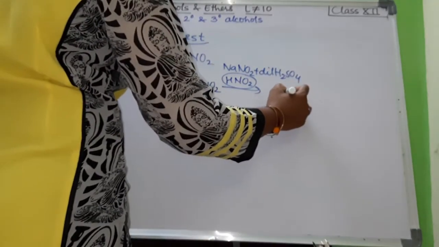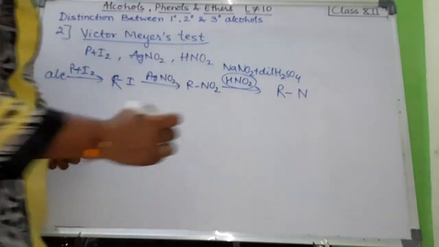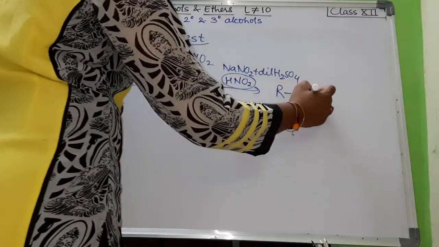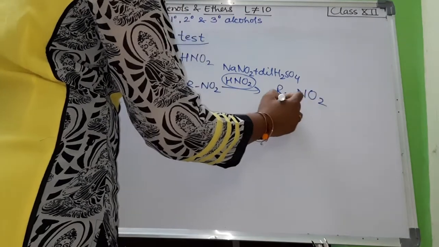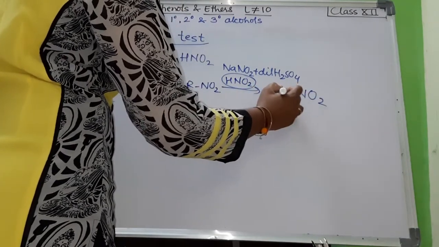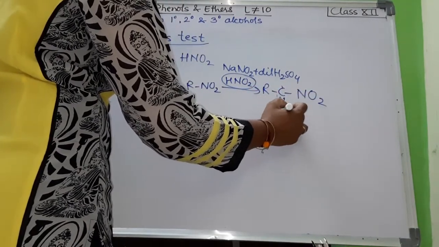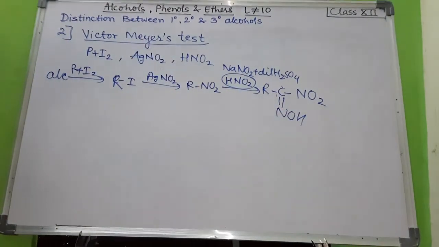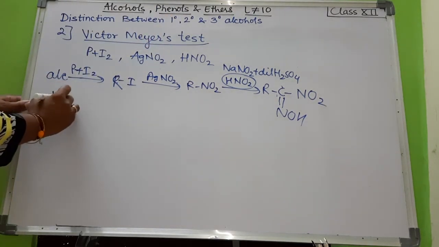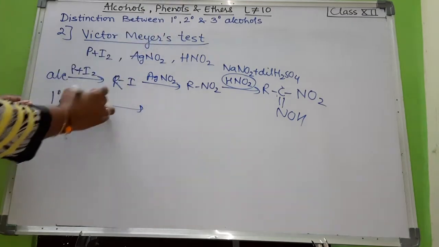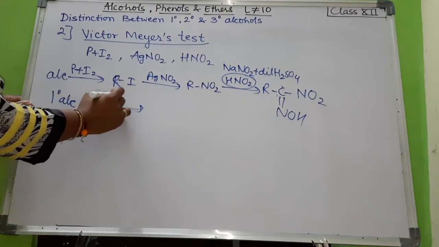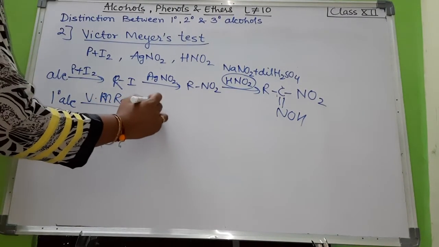It gives such type of nitrolic acid, and it has a particular color. So when a primary alcohol is treated with the complete set of the Victor-Meyer's reagent, it gives red color.